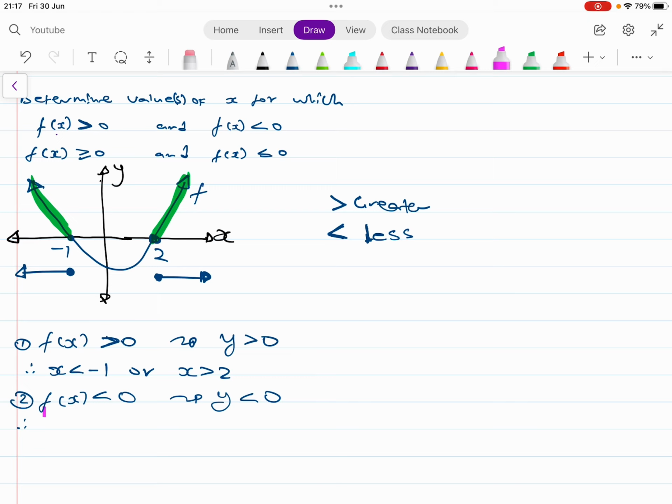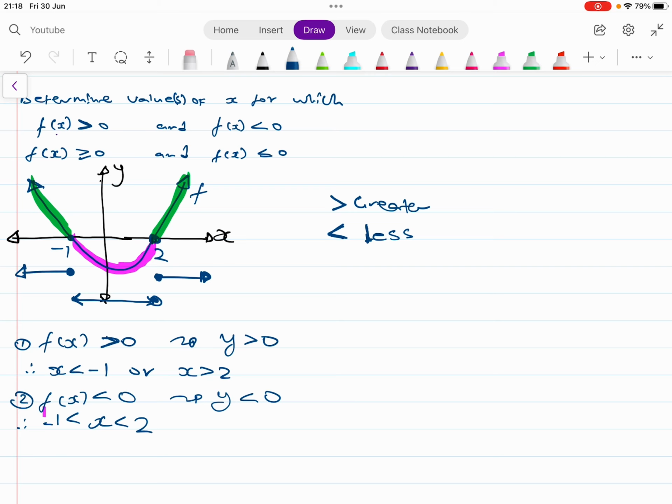The portion of the graph where y is less than 0 is this portion between -1 and 2. So that is the portion that we are interested in, from -1 all the way to +2, exclusive of those x-intercepts. Okay, so that is x is between -1 and 2.